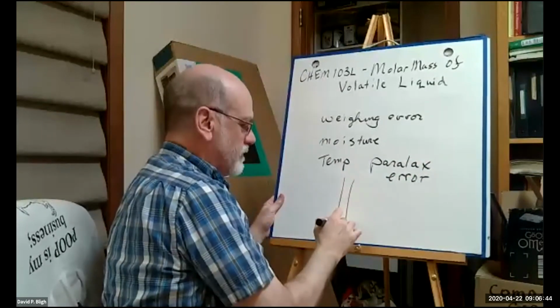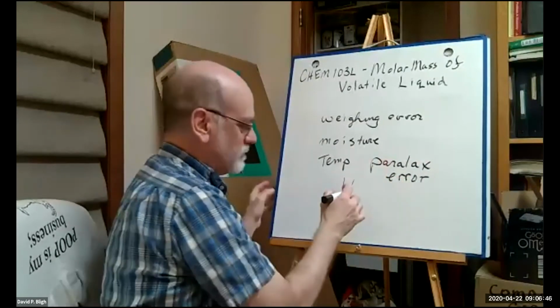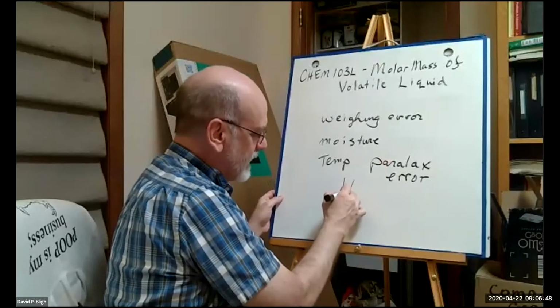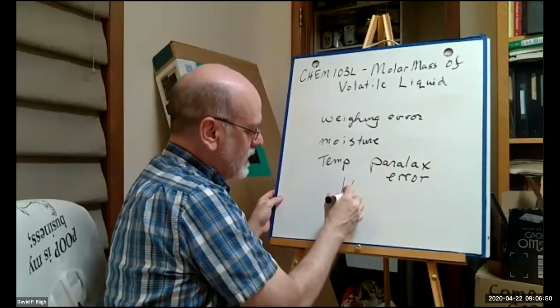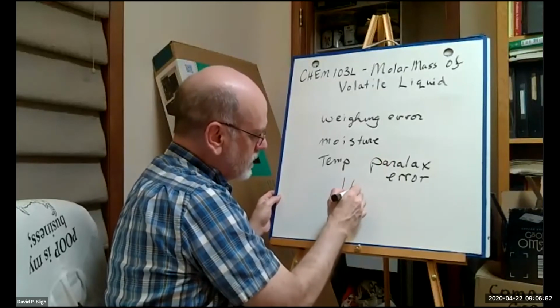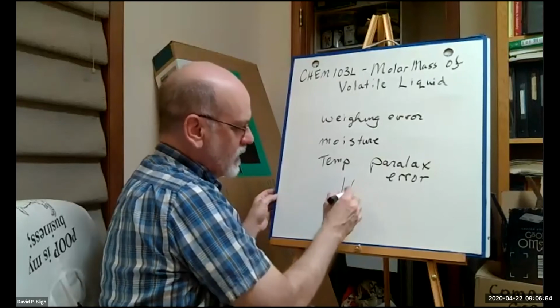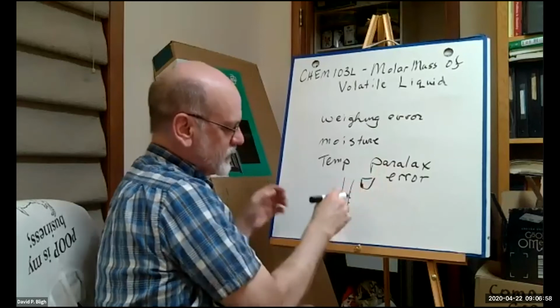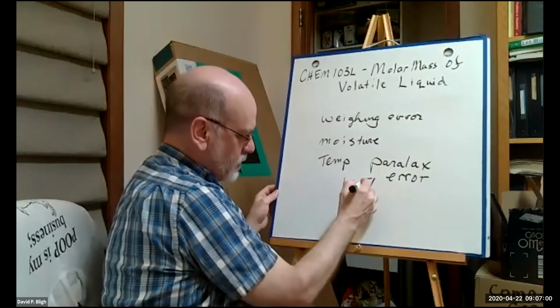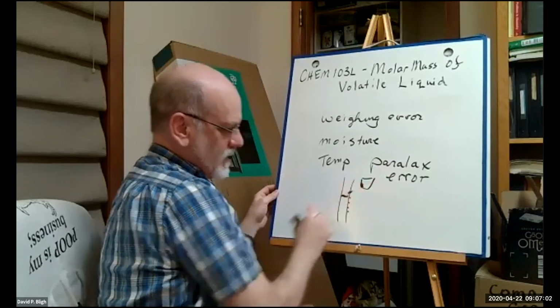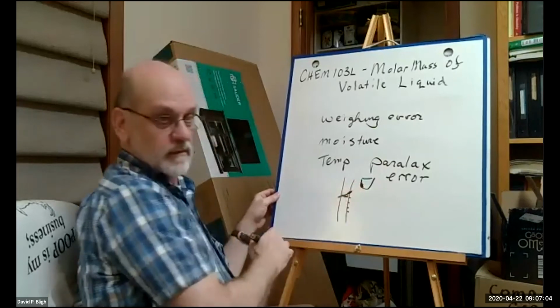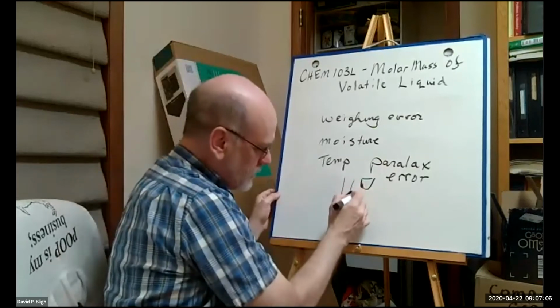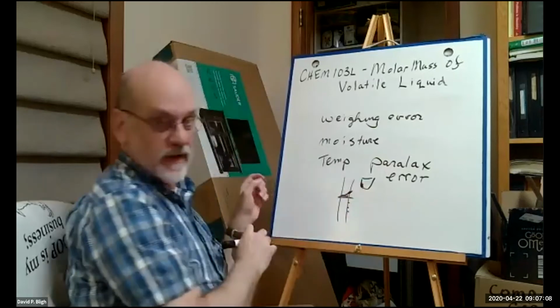That's where you have a piece of glassware, and you're trying to read the level of something in here, but say your eye is up here instead of level, then you're going to think that you're reading that volume instead of eye level, which would read that volume.